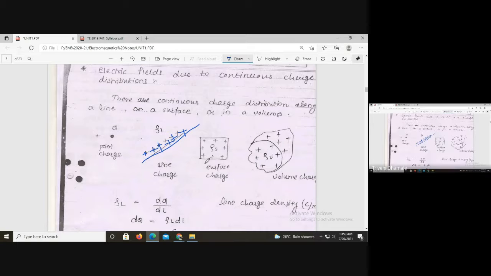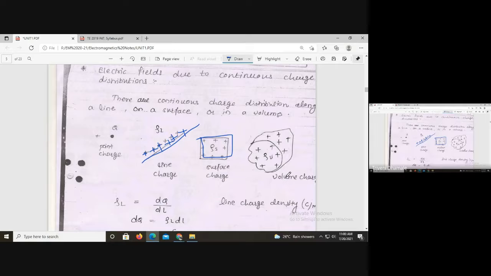Then the open surface, that is the surface charge, where the charges are distributed along the page. And the volume charge, that means a sphere that is full of charges.